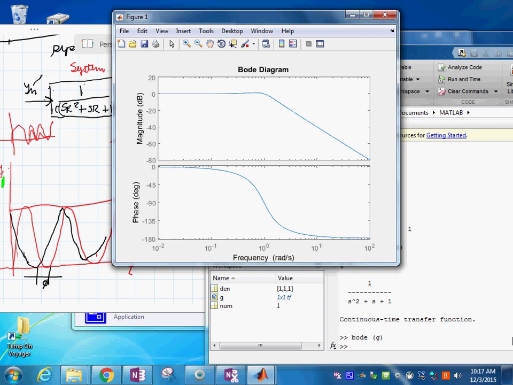We have the magnitude plot on the top, and this is the phase on the bottom. So this will show how closely the output tracks the input. But I think that's enough for now, just for the basic concept.